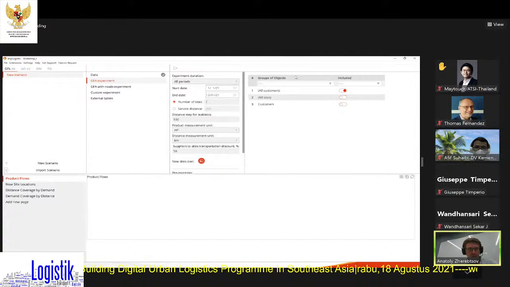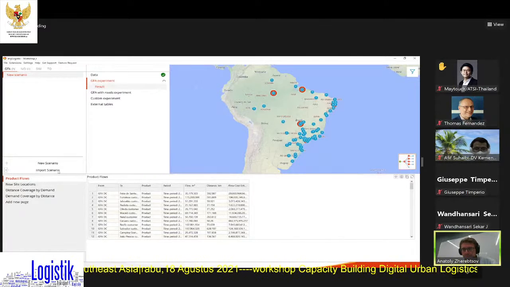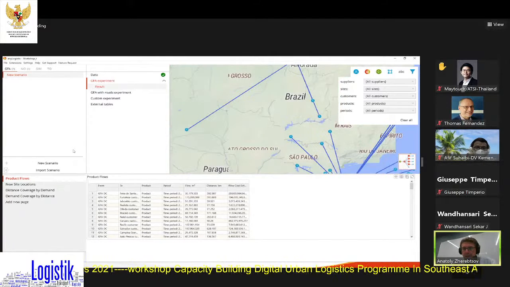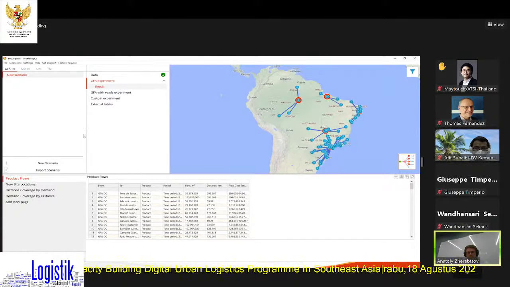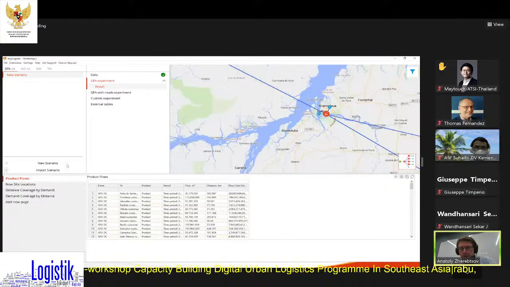So if I put 5 here, for example, it will give a result like this. So what happens in this case? The experiment considers as-the-crow-flies distances. It doesn't know anything about surface, and in some cases a warehouse could appear in a river or even in the ocean or on top of a mountain.